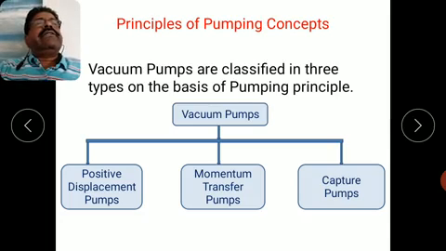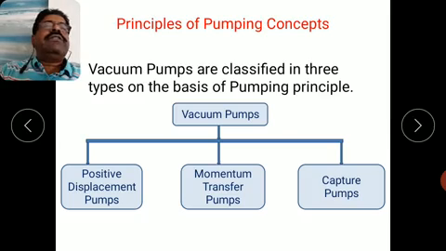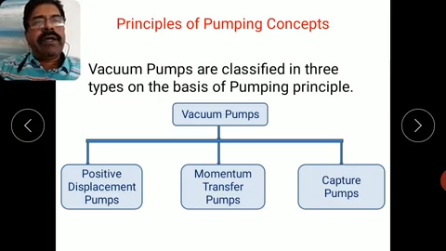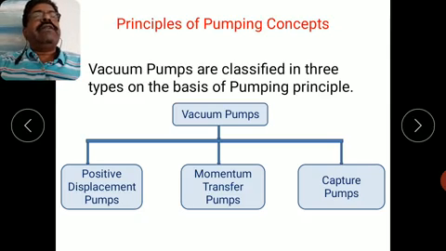So students, let us come to the actual topic, principles of pumping concepts. After studying these basics about vacuum, what is vacuum level, what are the units for measurement of vacuum, and the contribution of the constituent gas molecules in the atmospheric air, now we shall discuss the principles of pumping concepts.